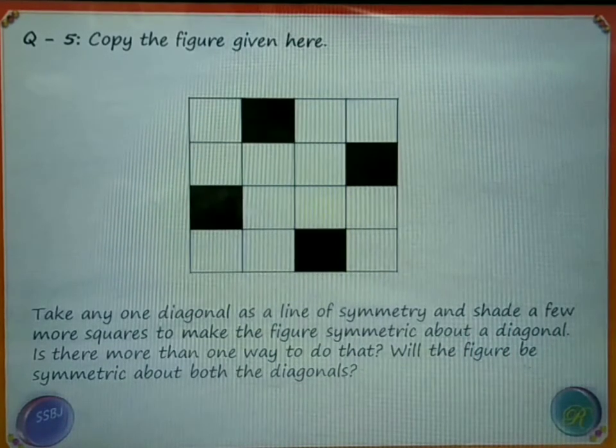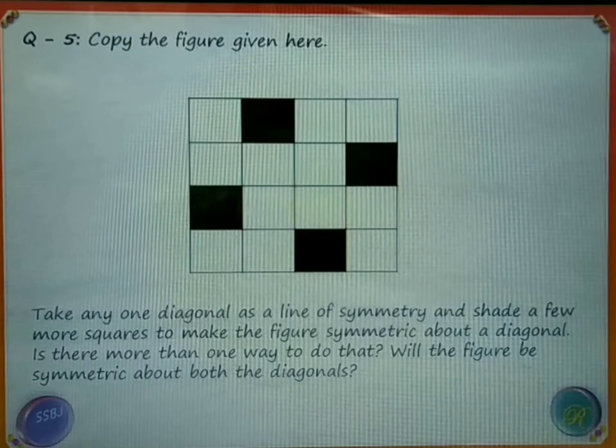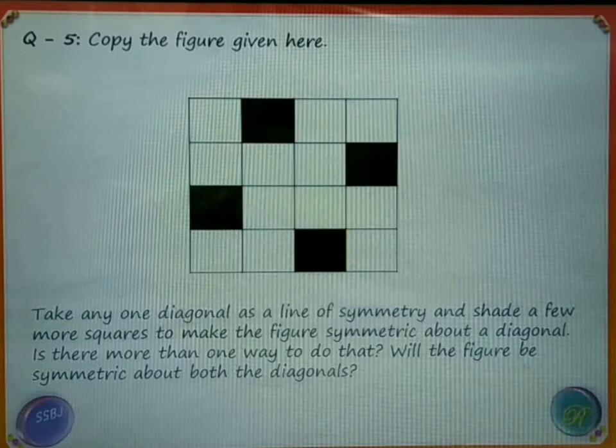Question number 5. Copy the figure given here. Take any one diagonal as a line of symmetry and shade a few more squares to make the figure symmetric about a diagonal. Is there more than one way to do that?